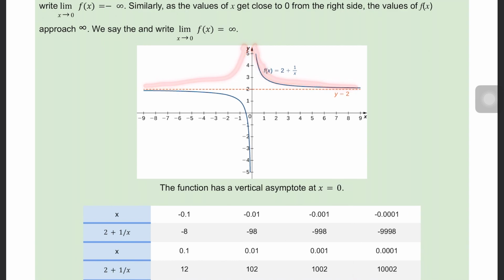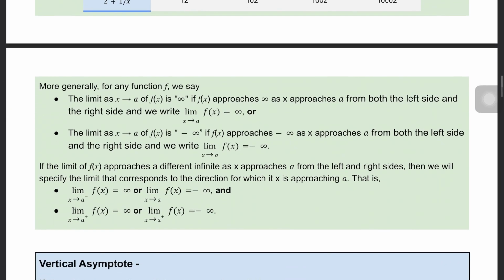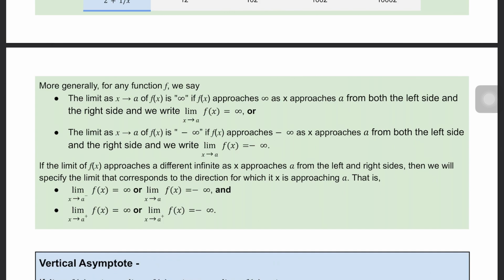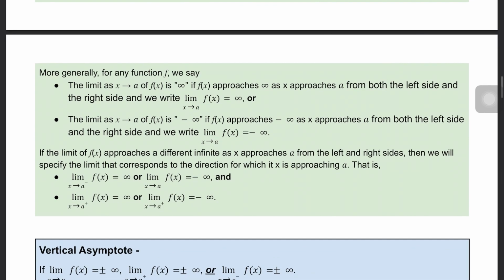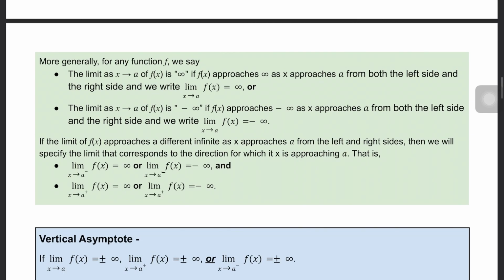If that's not the case, where they are not approaching the same limit, then we have to specify it. There is a missing negative here, right there. I think the PDF didn't copy this correctly. So if the limit approaches a different infinity as x approaches a from the left side and from the right side, then we will specify the limit that corresponds to the direction from which x is approaching a.